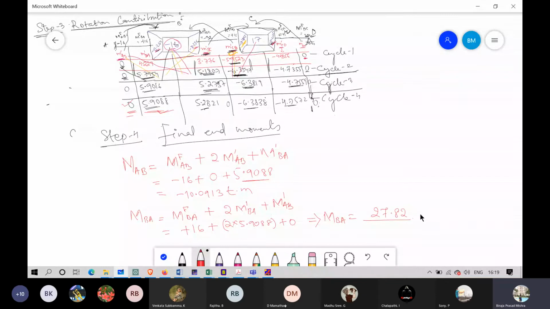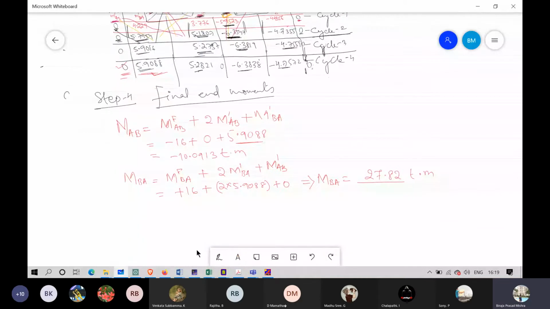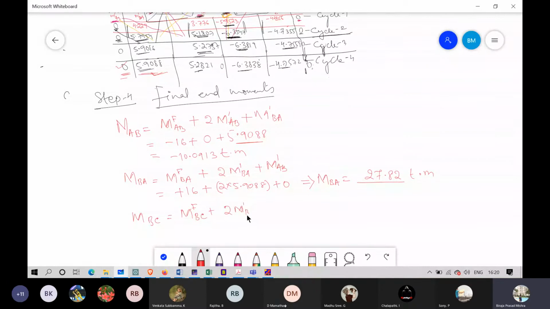Next one is MBC. MBC equals, similarly, MFBC plus 2 into M dash BC plus M dash CB. How much is MFBC? Minus 32, right?